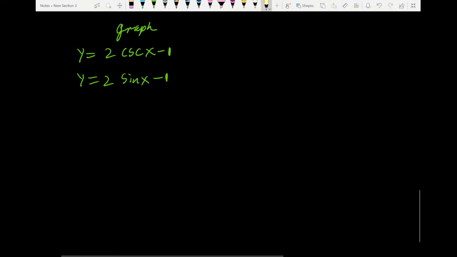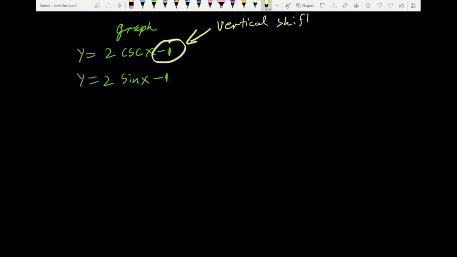One of the topics that might confuse you is this minus 1. This essentially tells you that it's a vertical shift. Since it's negative, it will go down 1. It will go down 1. And we'll come back and explain that.